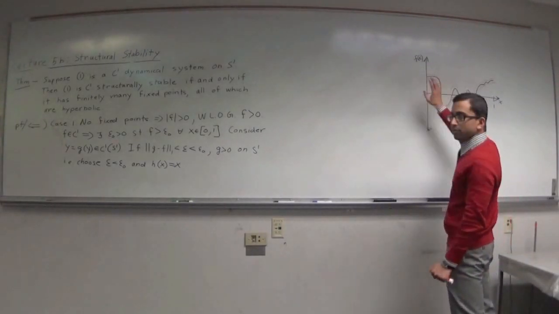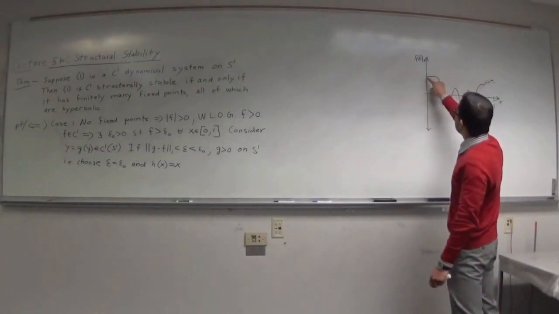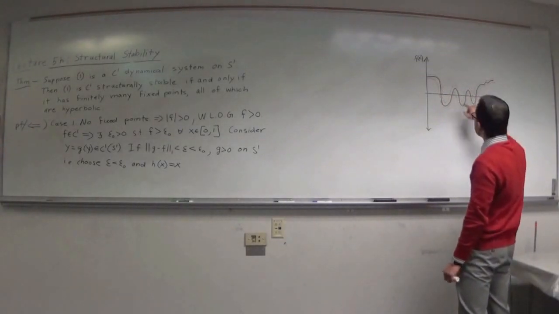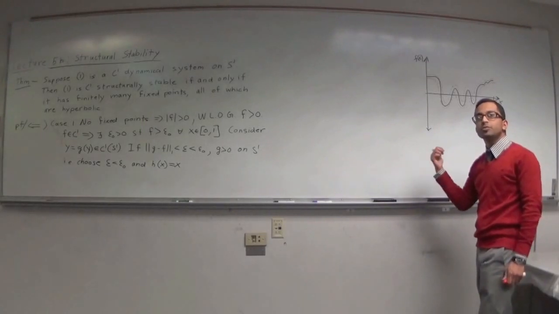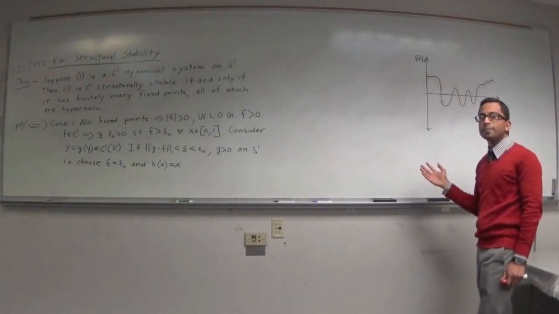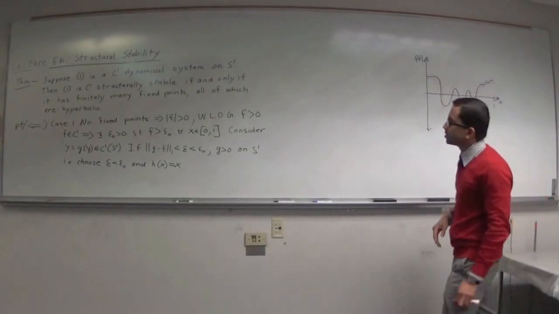So let's pretend we are being careful about the derivative. Then any dynamical system within this region will have the same number of fixed points, and the stability of the fixed points will be the same. So that's what it means for the dynamics to be the same: same number of fixed points, same stability.